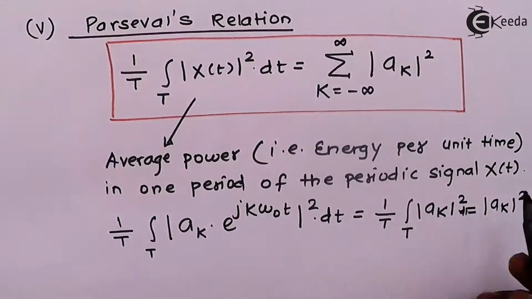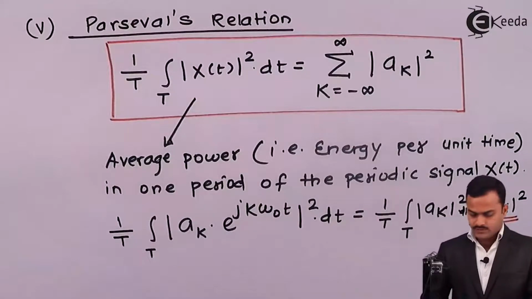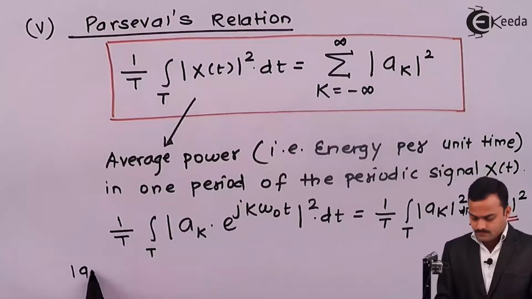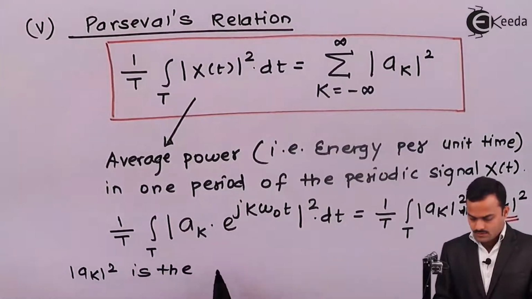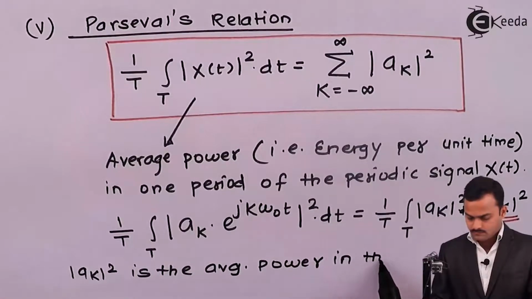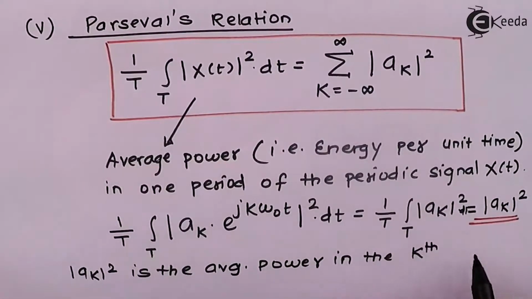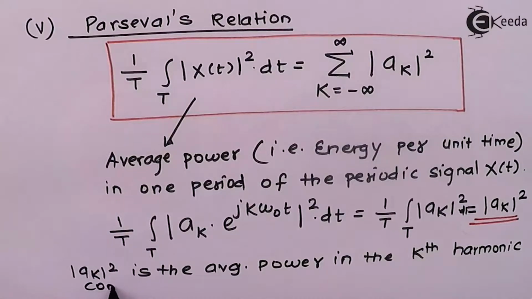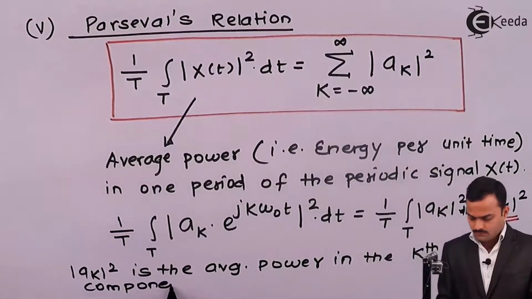So in the end I will get this expression. And what is this? Mod a_k square is the average power in the kth harmonic component of x of t.